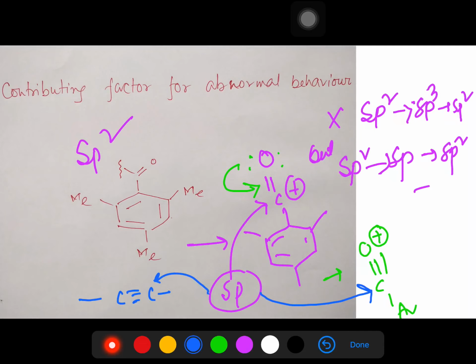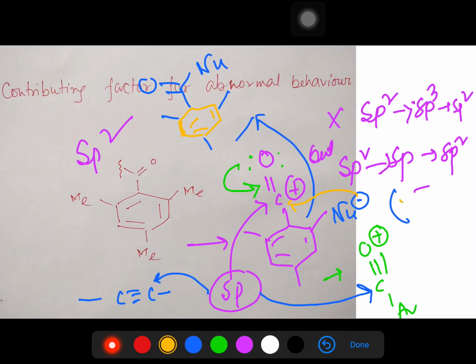So now at this situation, if any water molecule, any nucleophile, wants to attack, then it can attack. So in this way, we can prepare this mesitoic acid derivative. One is C double bond, another is the nucleophile. And if the nucleophile is actually water or hydroxide, then the product is OH, means acid.